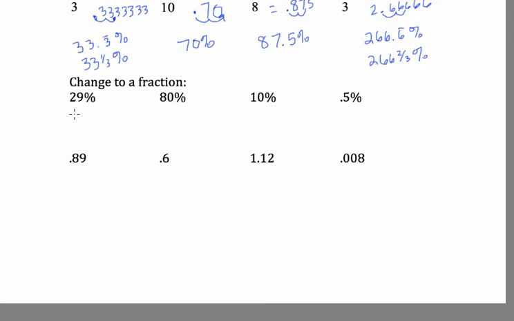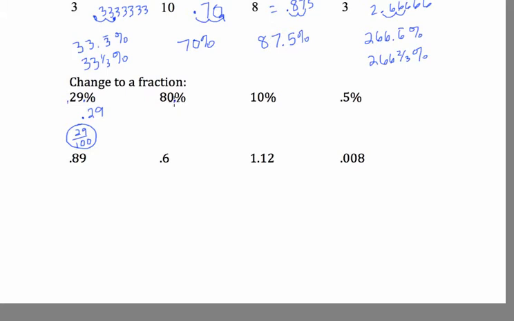To change from a percent to a fraction, again, we first change to a decimal and then change to a fraction. 29%, there's the decimal place. Move it 2 places left. 0.29. To change that to a fraction, just say the fraction. 29, that's the hundredths place, so that's 29 hundredths. We would reduce if possible. 80%.